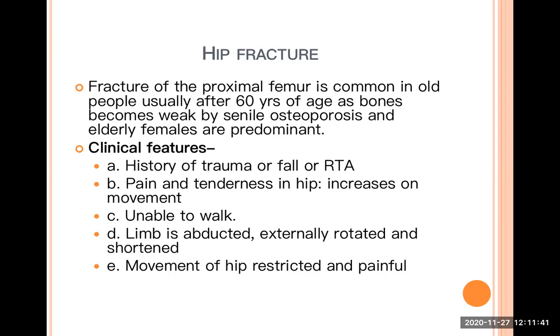Young adults or people who have stronger bone don't break the femoral neck so easily. So we can consider this a pathological fracture in that particular age. Why pathological fracture? Because osteoporosis is already there and that bone is not normal anymore. So this is a type of pathological fracture. You can consider it like that.